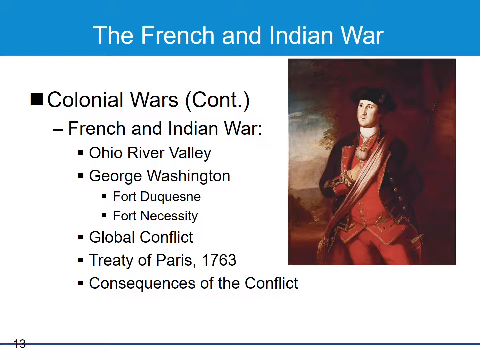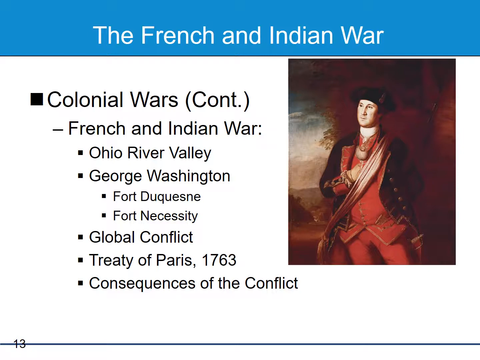There were a few Indian tribes that aided the British during this conflict, but most of the Indian tribes sided with the French because, frankly, all along the French had been nicer to them. So let's make sure we understand that it's the French and Indians allied together against the British.